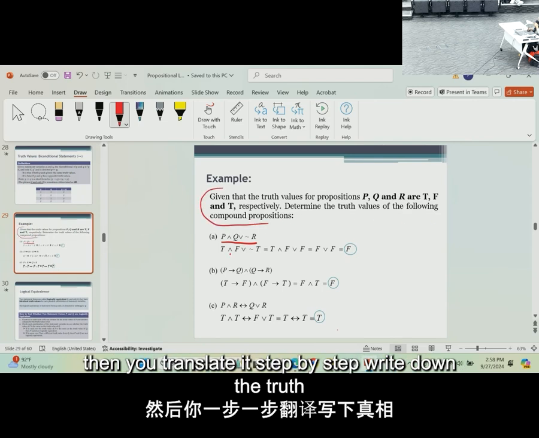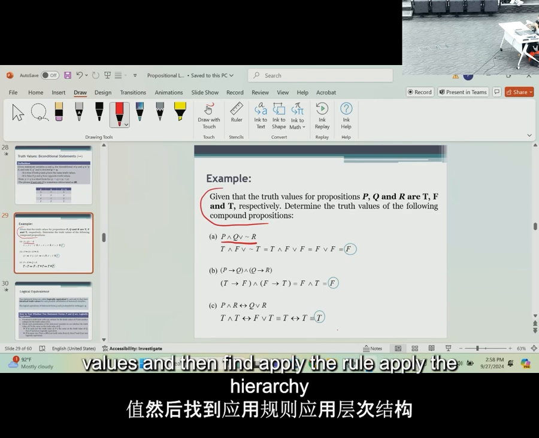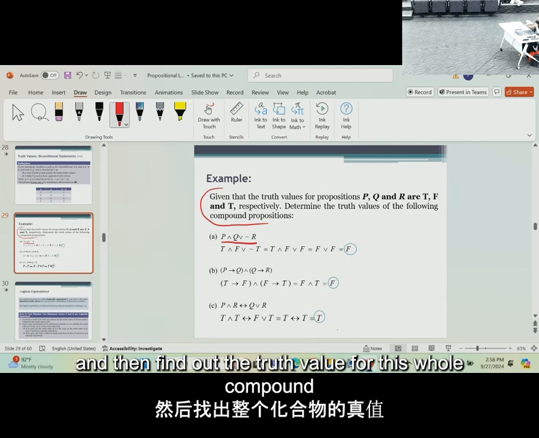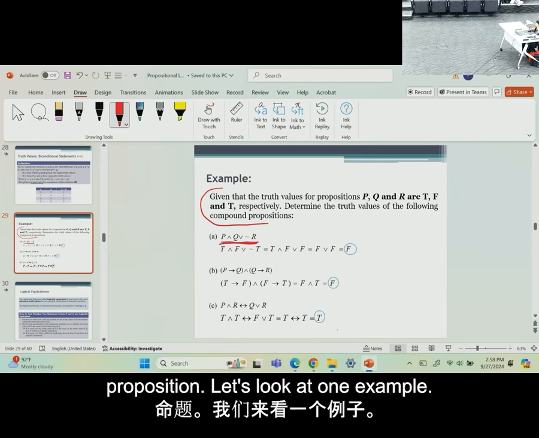You translate it step by step, write down the truth values, apply the hierarchy, and then find out the truth value for the whole compound proposition.